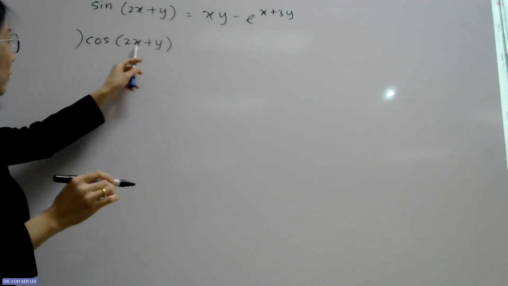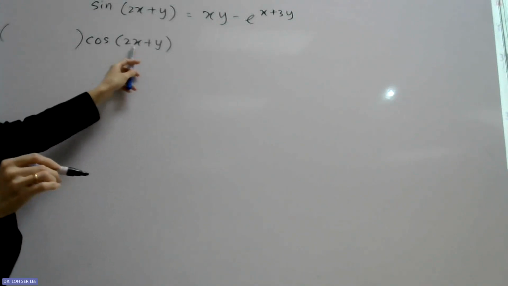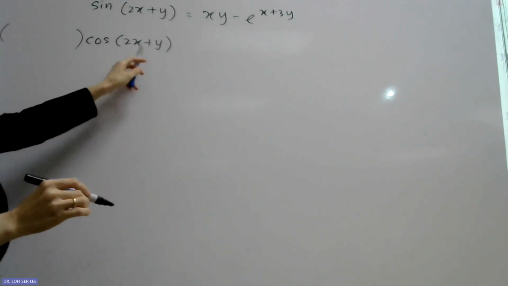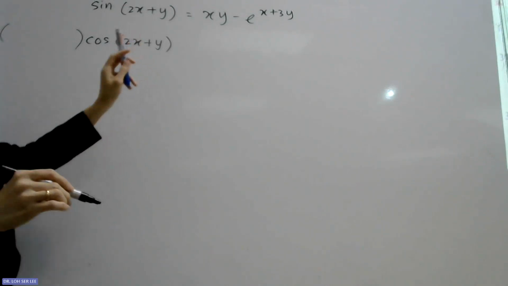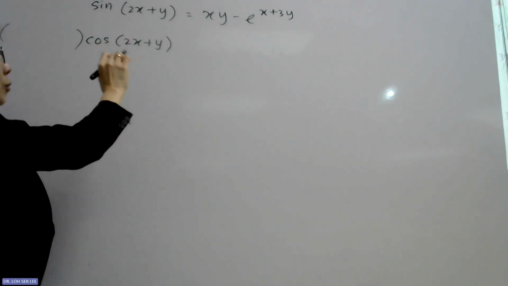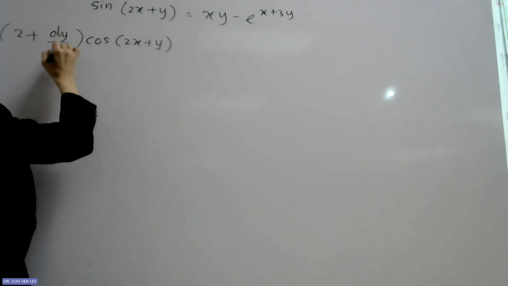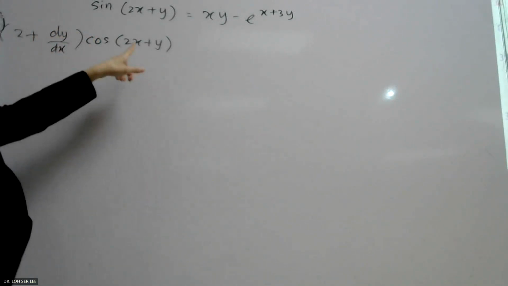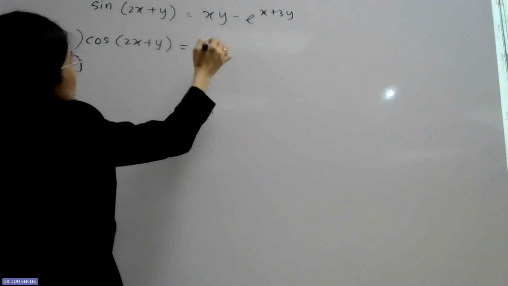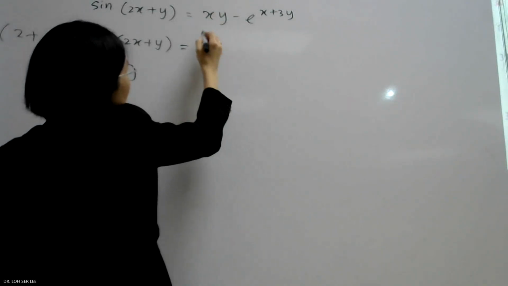So when you differentiate this one with respect to x, you get 2 plus 1 dy dx. Okay. And then equals to, okay, this one.